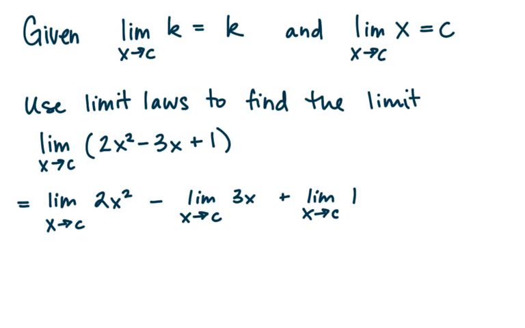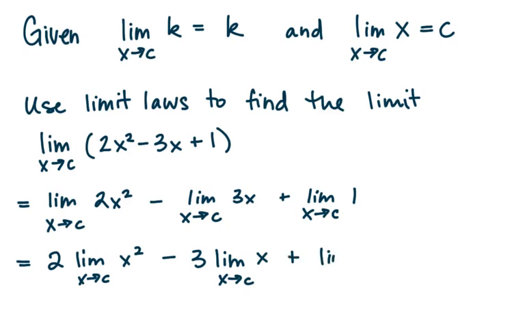And a few of these terms have constant multiples in front of them. So this would be the same as saying 2 times the limit as x approaches c of x squared, minus 3 times the limit as x approaches c of x, plus the limit as x approaches c of 1. So I pulled those two constants, 3 and 2, in front of each of those limits.